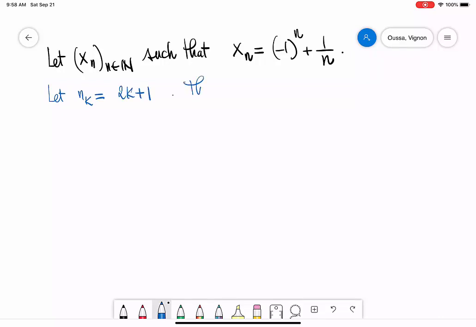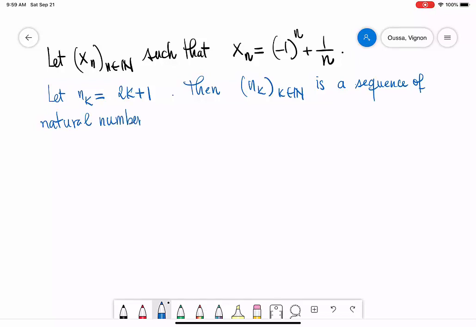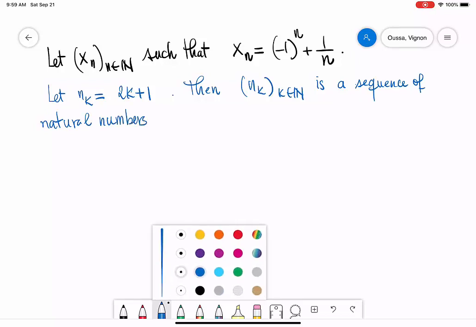I'm not going to prove this, but you can check at home that n_k is a sequence of natural numbers which is strictly increasing.